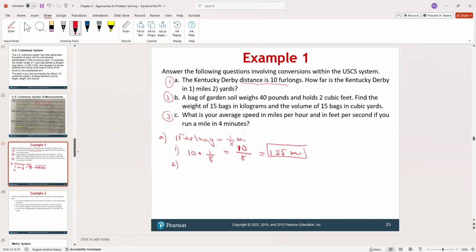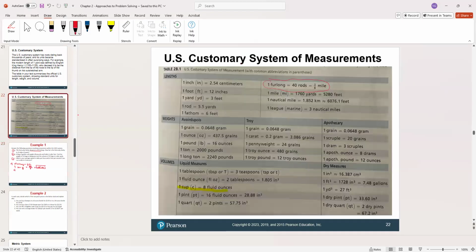Wow. So, let's see what we're going to do. We know 10 furlongs is 1.25 miles. Let's see if we have furlongs in yards. No, we don't have furlongs in yards.